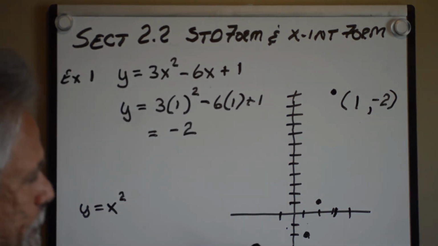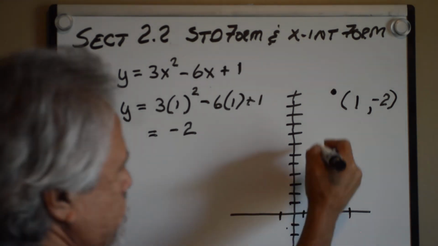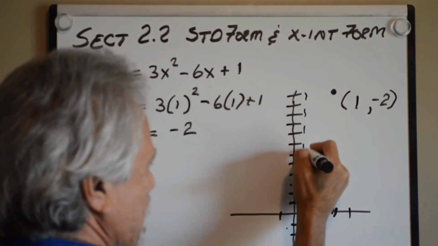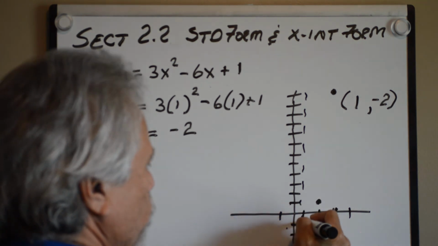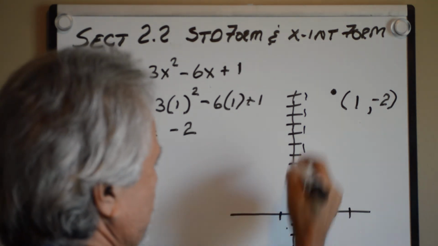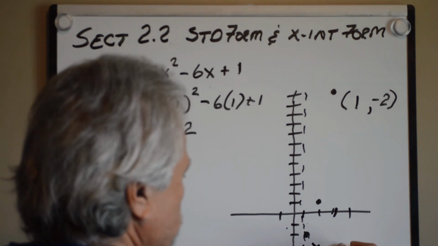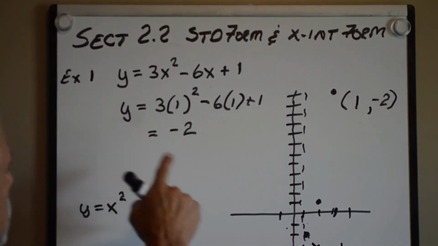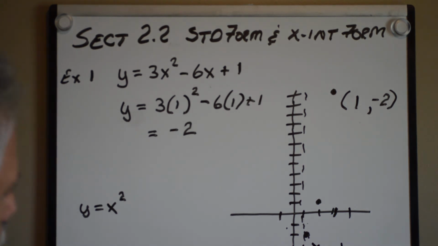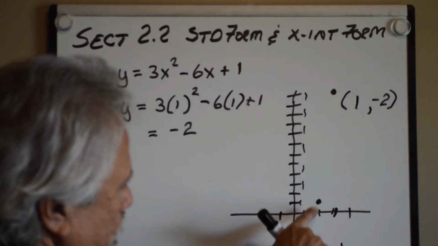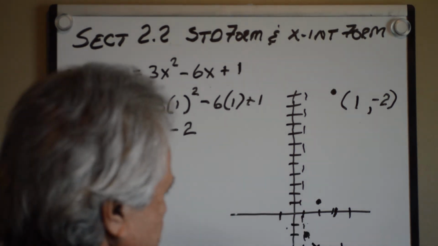The axis of symmetry goes through the vertex. So I need to draw my axis of symmetry. You have to draw it, and you have to label it. My axis of symmetry is x equals 1. Alright, so now I have my sister points on the other side of my axis of symmetry.